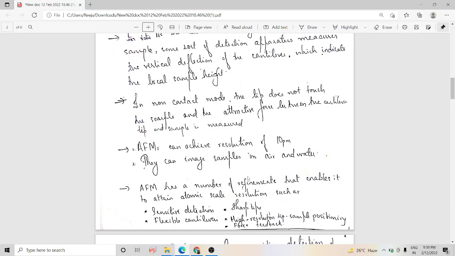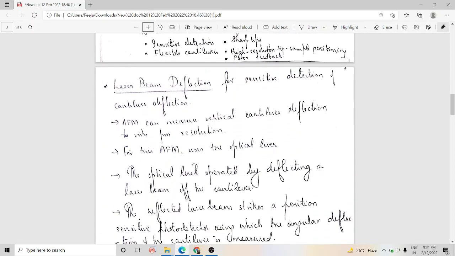So these include sensitive detection using laser beam, flexible cantilever, sharp tips, high resolution tip sample positioning, force feedback, etc. are the refinements which you have together with the AFM, which enables it to attain such an excellent resolution.